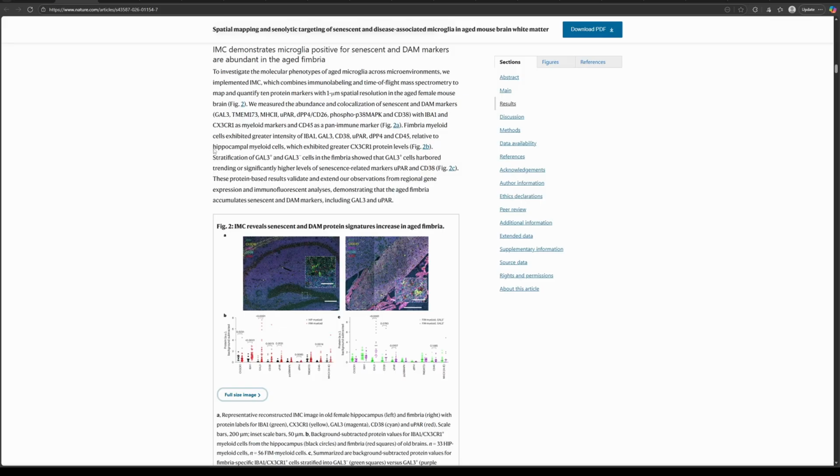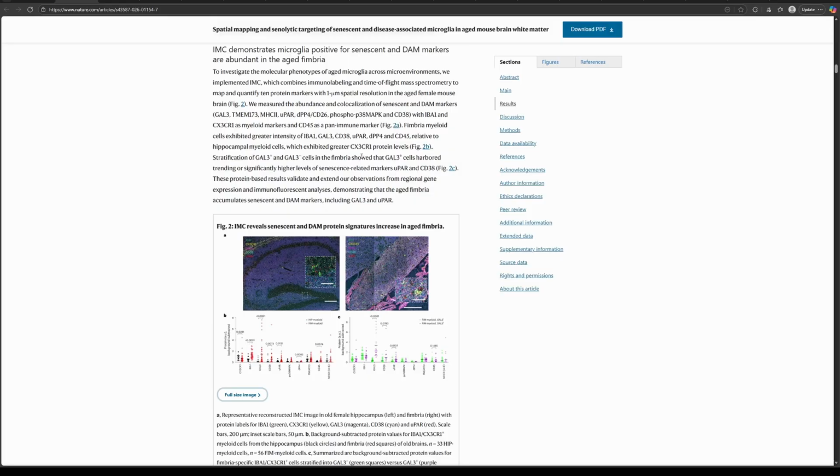Fimbria myeloid cells exhibited greater intensity of these markers relative to hippocampus. Stratification of Gal3 plus and Gal3 minus cells in the fimbria show that the Gal3 plus cells harbor trending or significantly higher levels of senescence-related markers, UPAR and CD38.